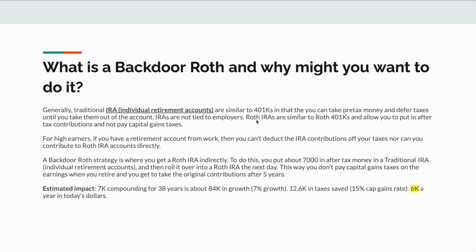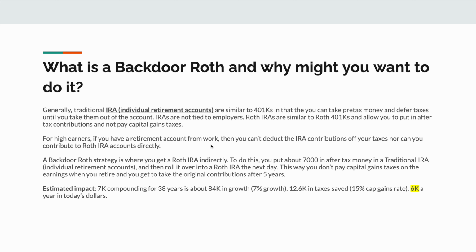And Roth IRAs are similar to Roth 401ks in that you put in money that is after tax, and then you don't pay capital gains or income taxes on the money afterwards. So if you earn a lot of money, and you have this retirement account at work, then you can't deduct IRA contributions off your income taxes.